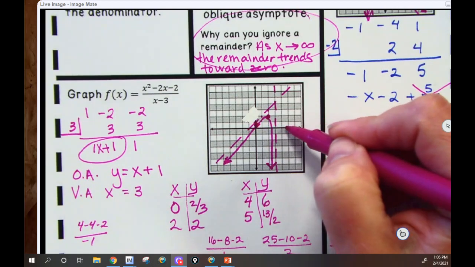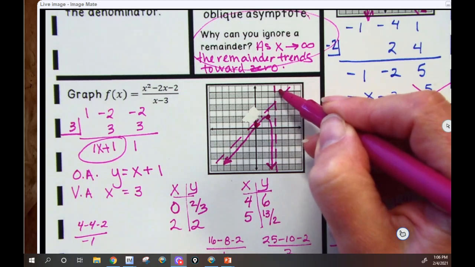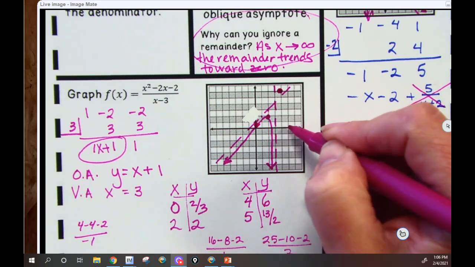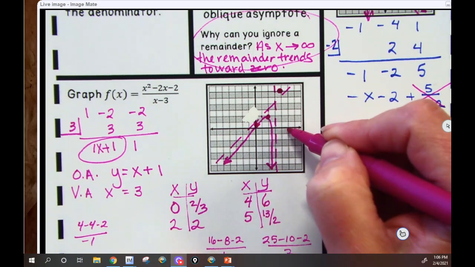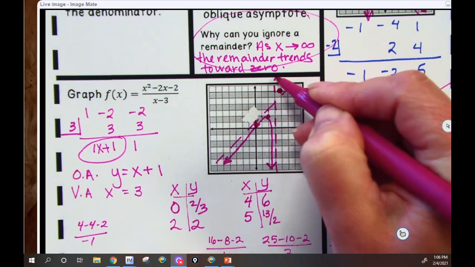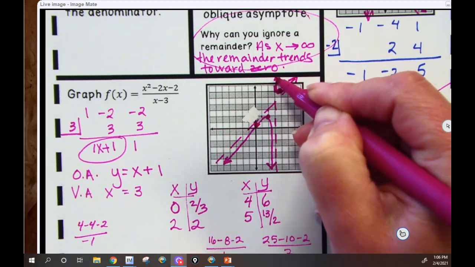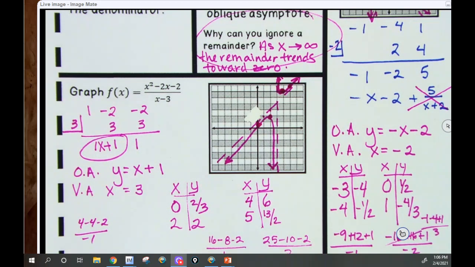So over 4 up 1, 2, 3, 4, 5, 6. And over 5 up what? 6.5, which would put it here. So that would sit in here. We didn't have a whole lot of room to get that.